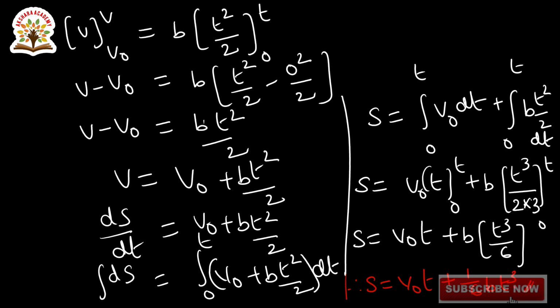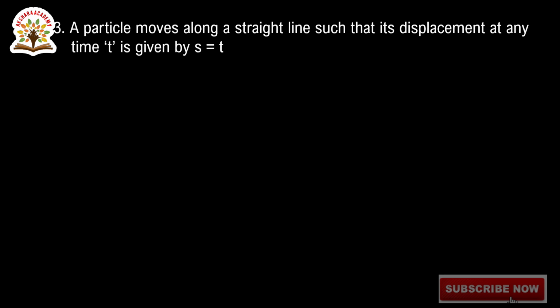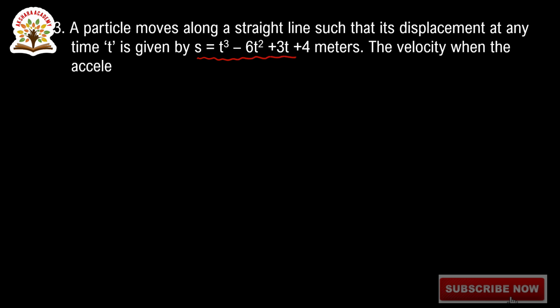Next we will go to the next question, that is the third question. A particle moves along a straight line such that its displacement at any time t is given by s is equal to t cube minus 6t square plus 3t plus 4 meters.